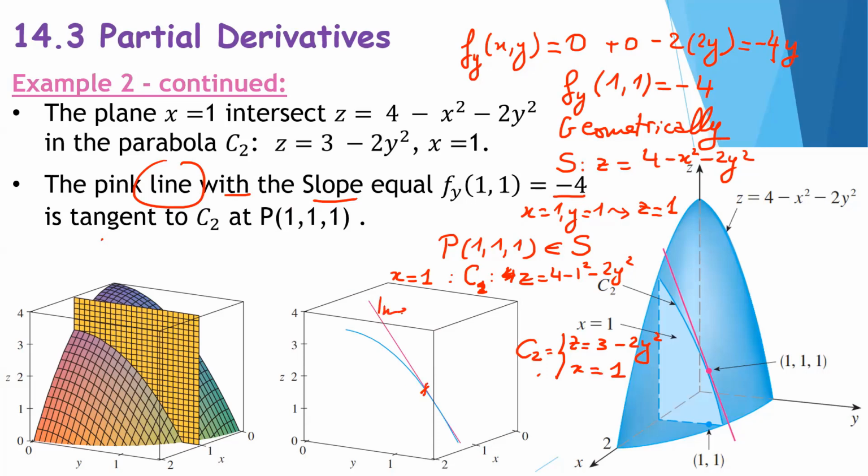This is a line with slope negative 4 passing through the point P(1, 1, 1), and it is tangent, meaning it touches the curve in one point, which is the point P. Okay, so this is what happens graphically. This is the interpretation of the partial derivative graphically.